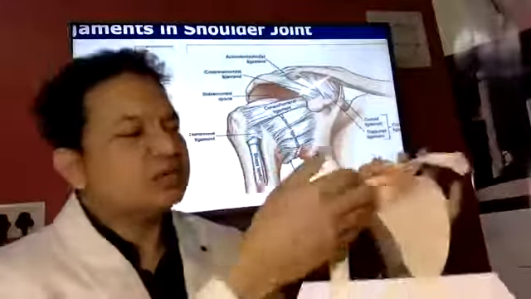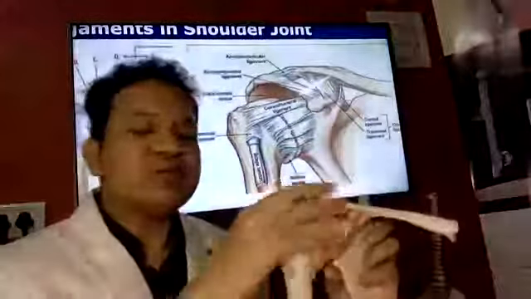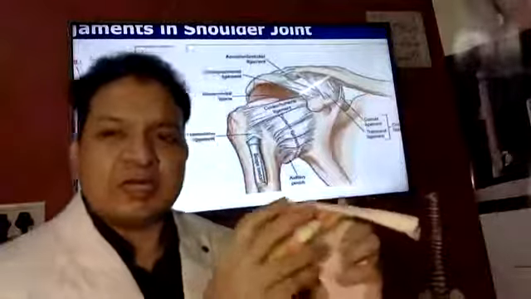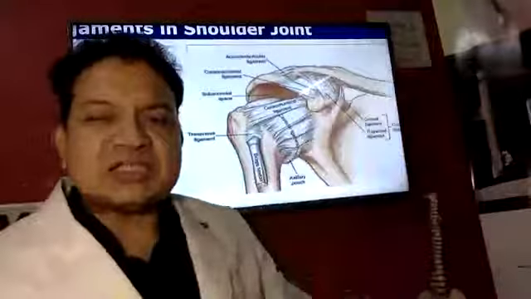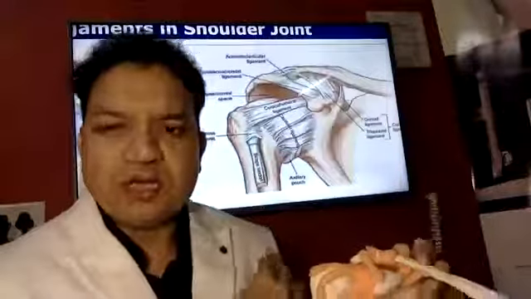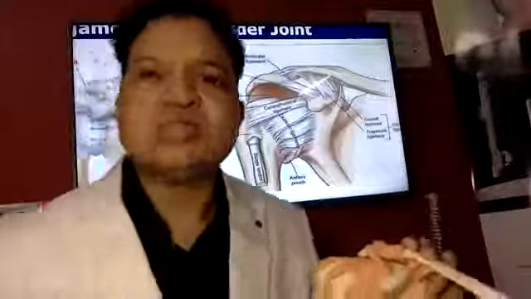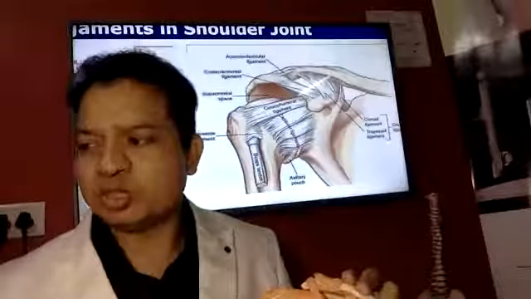There are various nerve and muscle supplies around it. Because of its complex structure, it has maximum mobility among all joints, but this maximum mobility makes it unstable, which leads to various problems.